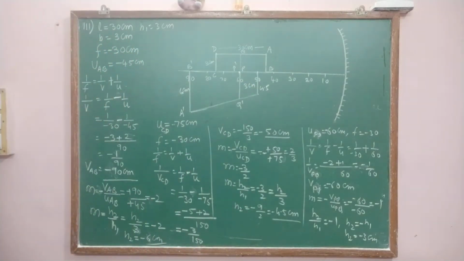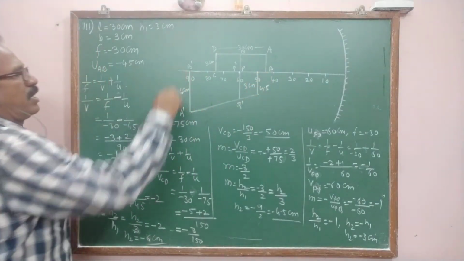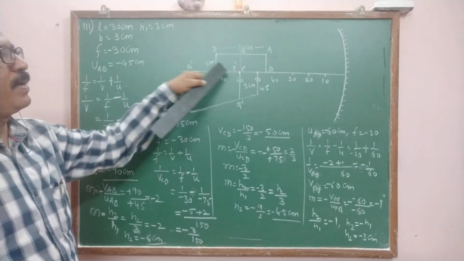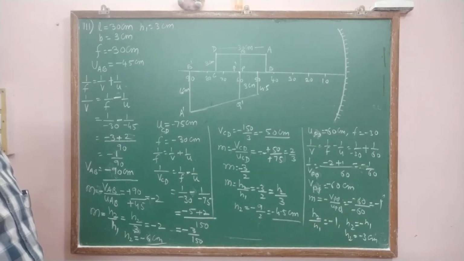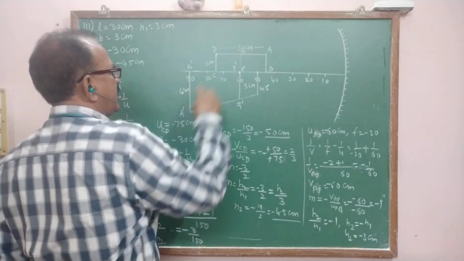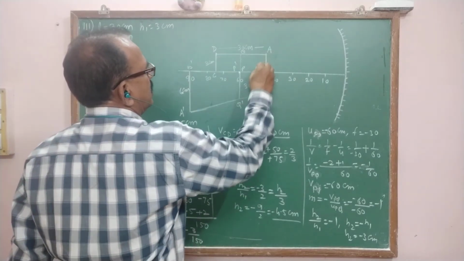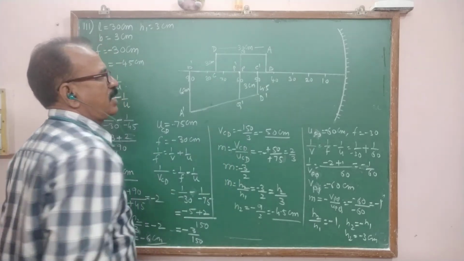So this will be the structure of the image of the rectangular glass block ABCD. Image of AB is at A dash B dash, image of CD is at C dash D dash, and image of PQ is at the same place, same height.